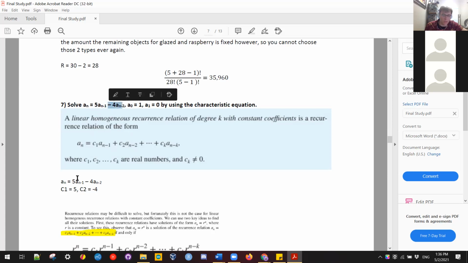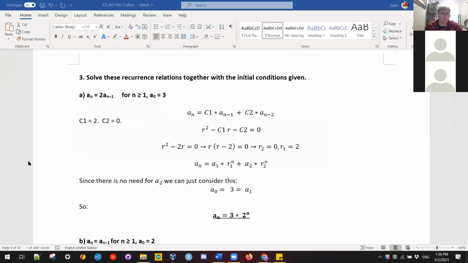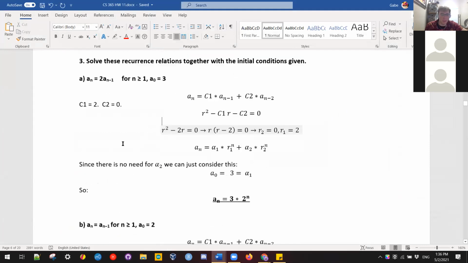And so we get C1 to be 5, because that's the coefficient of this. And we get C2 to be negative 4, because that's the coefficient of this. Is that cool? Yeah, thank you. No problem. If I didn't explain it too well, just let me know, because I might have messed that up. But yeah, absolutely.